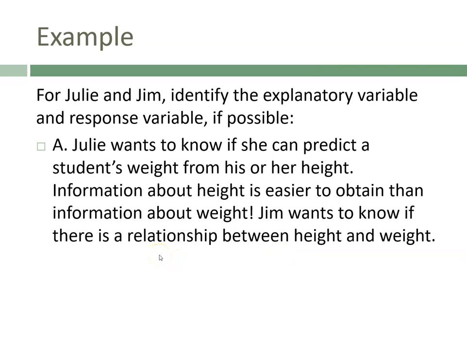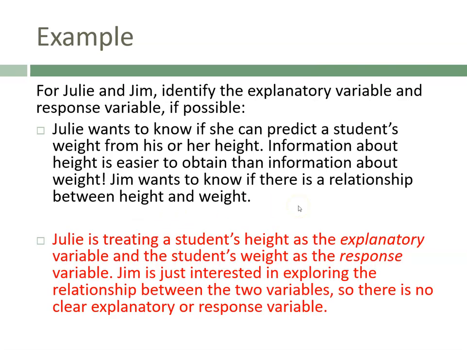All right, what are we thinking? Well, Julie is treating a student's height as the explanatory variable and the student's weight as the response variable. Jim is just interested in exploring the relationship between the 2 variables, so there is no clear explanatory response based on Jim. Okay, so Julie wants to know if one can predict the other, whereas Jim just wants to know if there's a relationship between the 2.